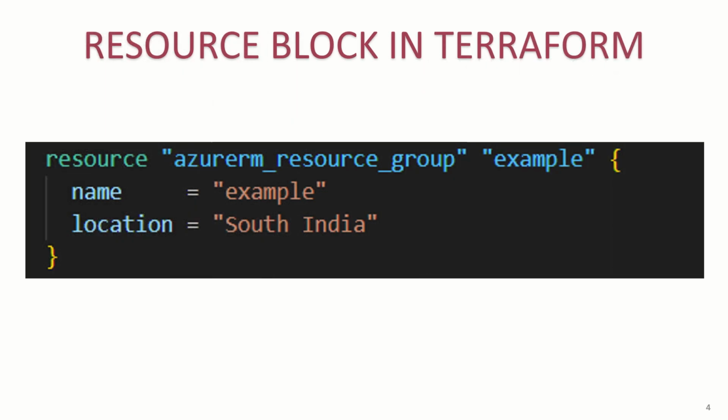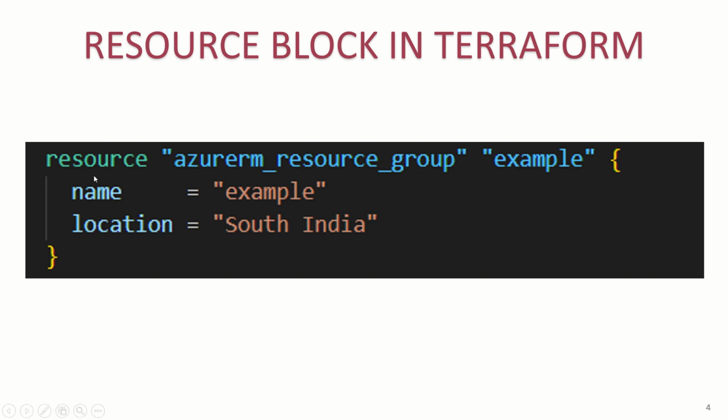If we move forward to the next slide, this is basically the resource block that we have used in, I think, all the examples that we have seen in our previous videos. We were using this block every time we created Terraform code.